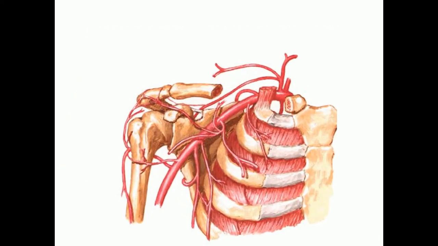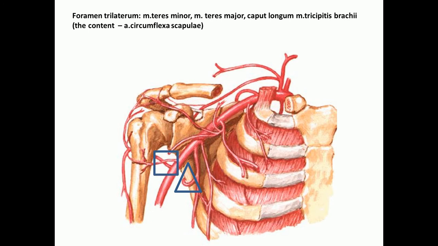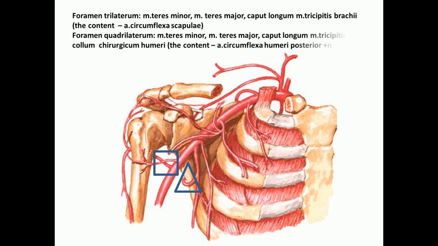And together we can demonstrate them in our previous scheme, foramen trilaterum, foramen quadrilaterum, and the summary. Foramen trilaterum has walls musculus teres minor, teres major, caput longum musculus tricipitis brachii, and the content is arteria circumflexa scapulae.